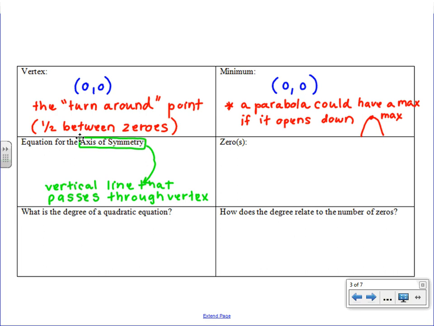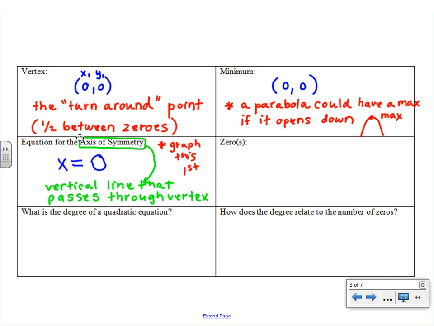If you look up at the wall, we see on our word wall here, a vertical line is x equals whatever x1 is, and x1, y1 would be the coordinates of our vertex. So our axis of symmetry is just x equals 0. When we start to get into graphing, it's going to be helpful if you graph the axis first, because then everything else is going to kind of fall into place.